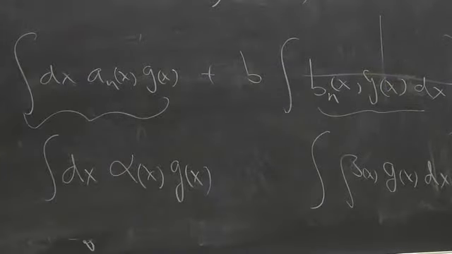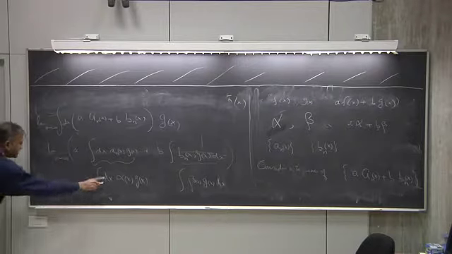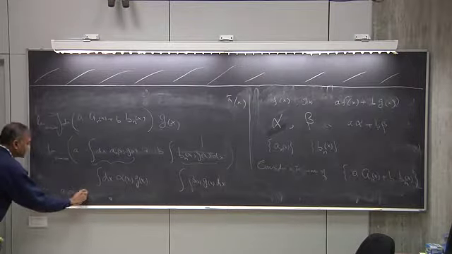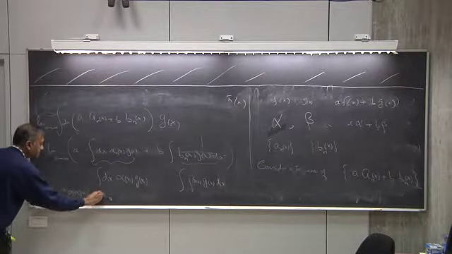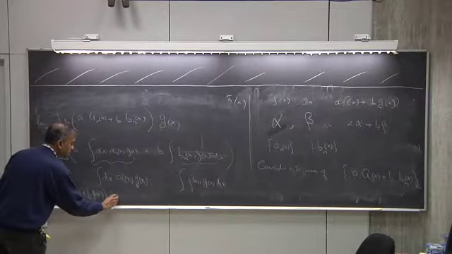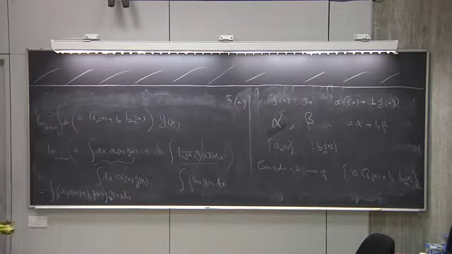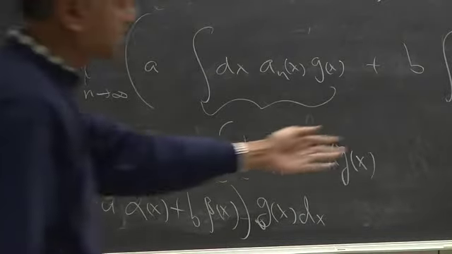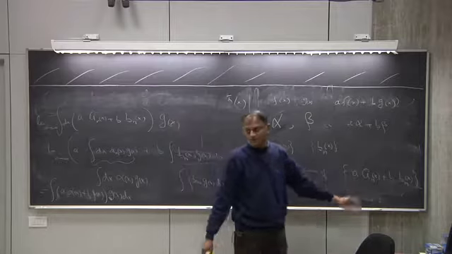So this simply gives you a times alpha(x) plus b times beta(x), integral of that times g(x) dx. So you see that the usual operations that you do for ordinary functions work here.